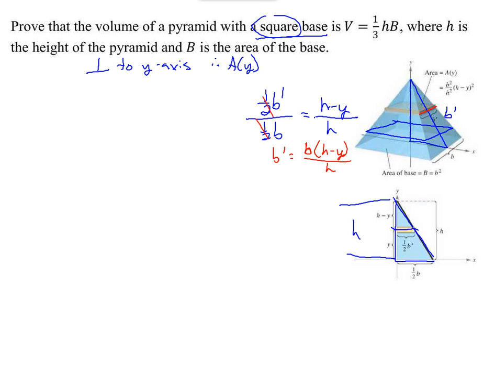All right, so now that I have the length of this side for my representative cross-section defined in terms of the length of the base of the pyramid and the height of the pyramid, I can go ahead and move on. How do I find the area of my cross-section?